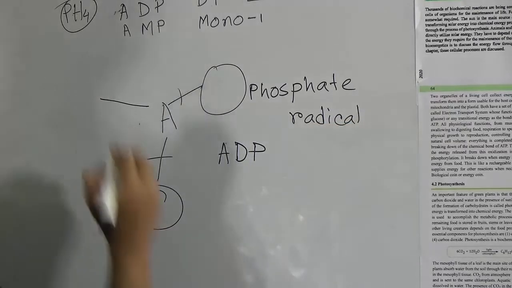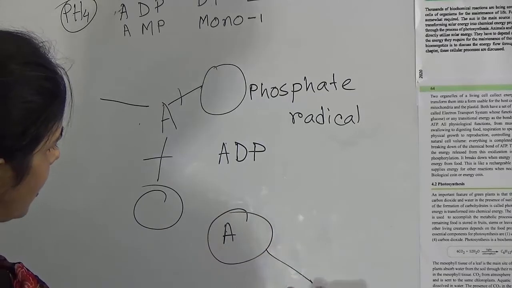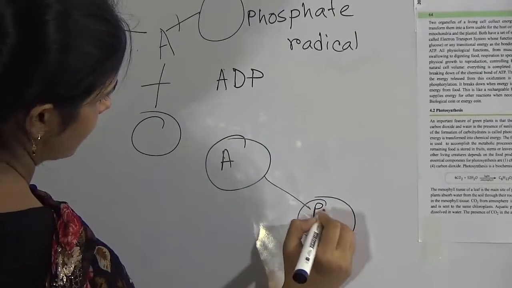Now come to AMP. With the adenosine, there is only one phosphate radical.